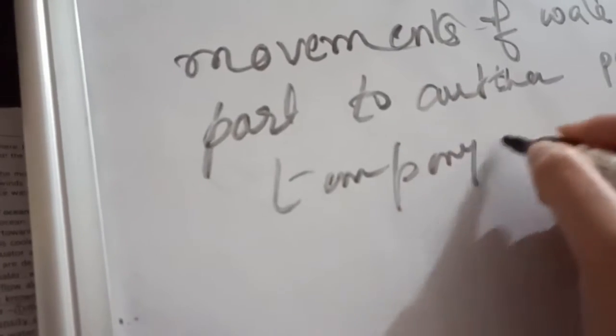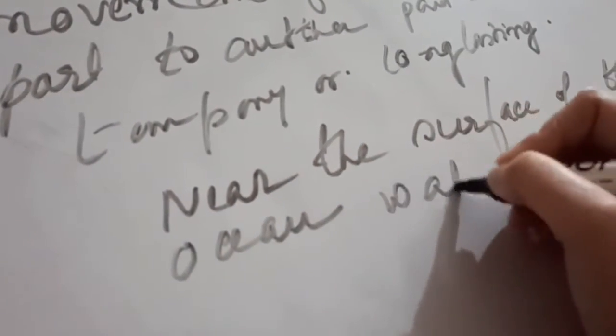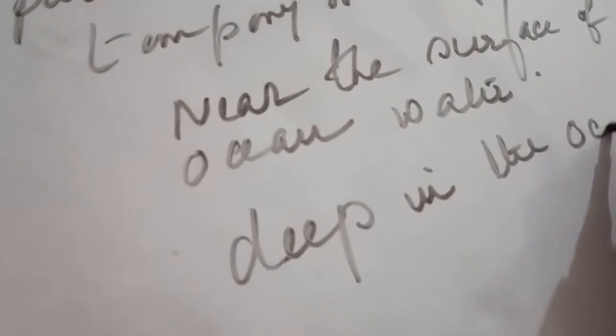These ocean currents can be temporary or long lasting, and can be found near the surface of the ocean water or deep in the ocean.